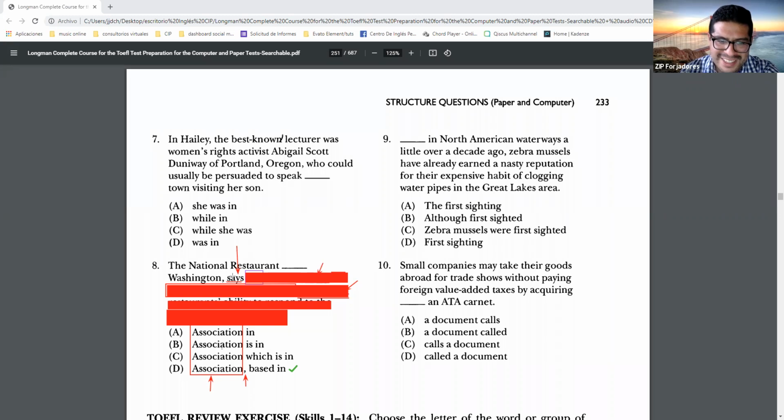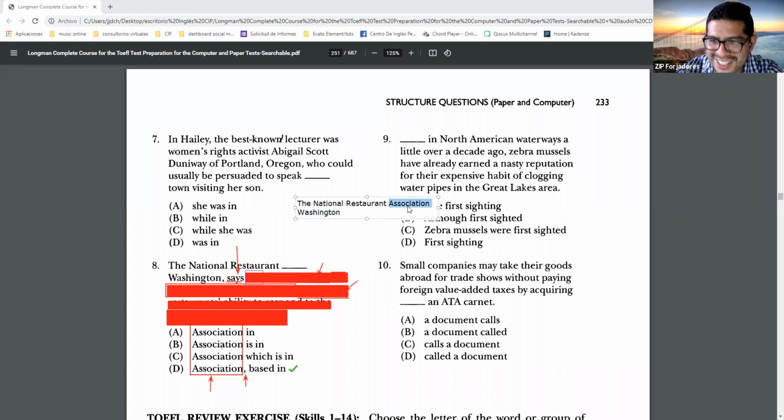But if you say "the National Restaurant Association, Washington" without the comma, it doesn't make sense, because association is the subject, and Washington what? Washington cannot be another subject.